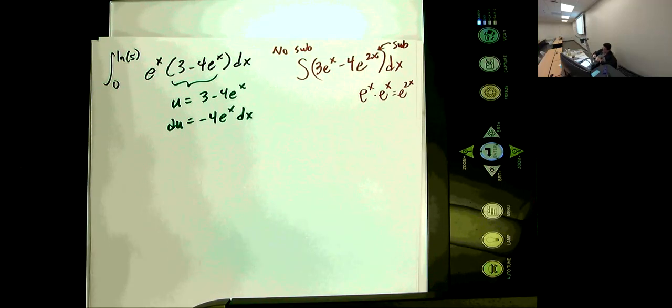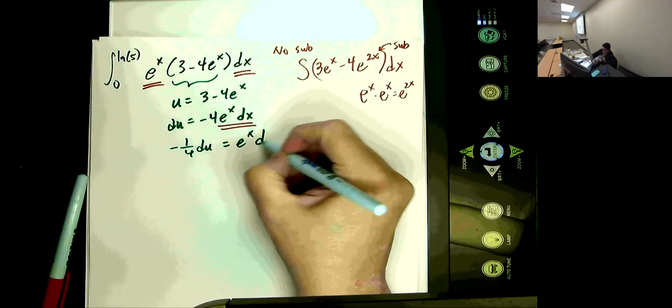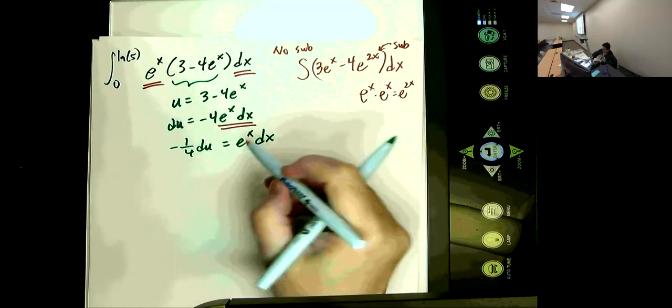That's not bad, because we've got e to the x dx right there. I just need to move the -4 over. Let me make this -1/4 du equals e to the x dx. And now I can see that there, and I think we got a good sub there.